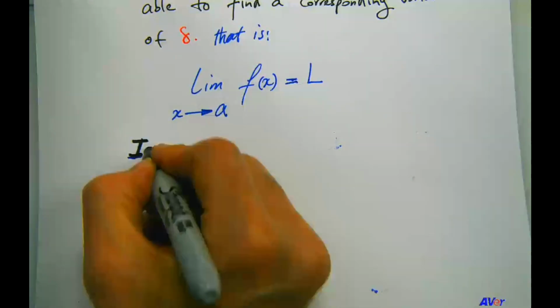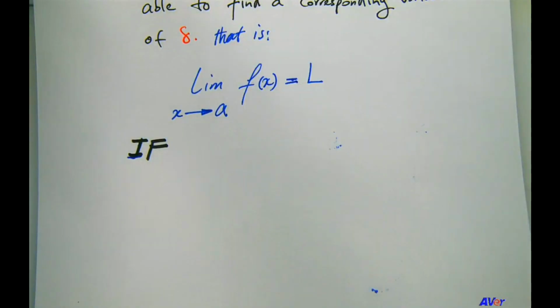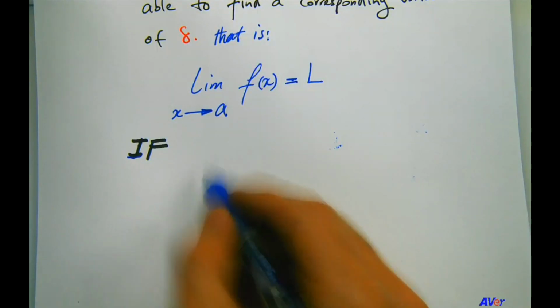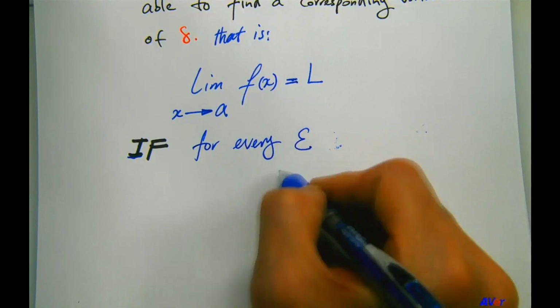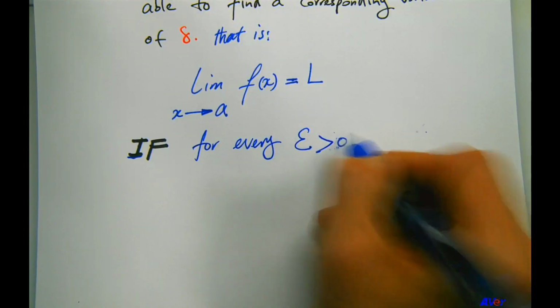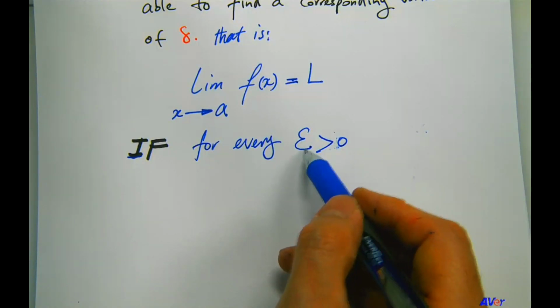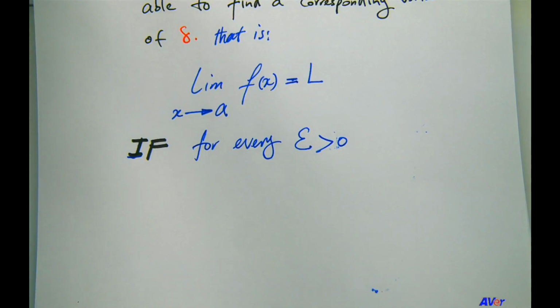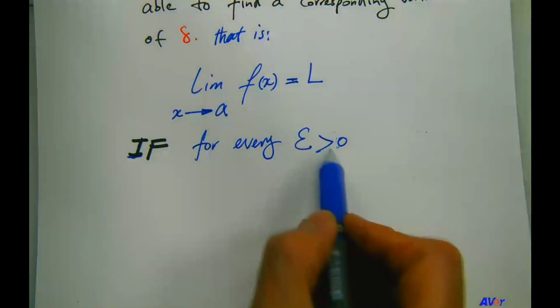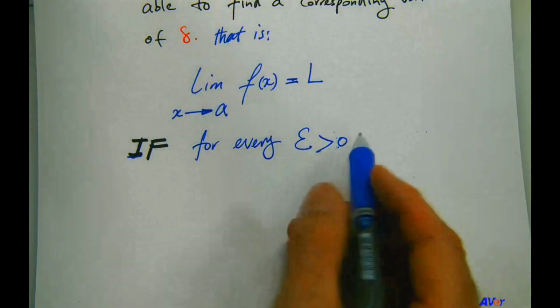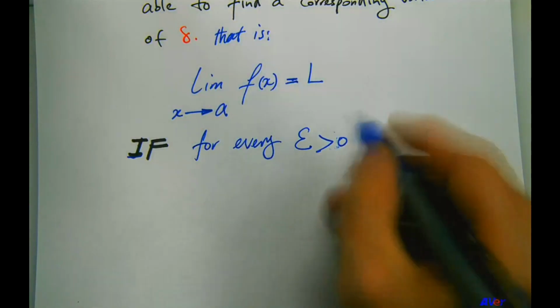If, that's the important piece, if for every epsilon greater than 0. So we said epsilon can be picked arbitrarily small, but it cannot be negative. So just remember that. Epsilon must be some positive value, but it can be arbitrarily small.